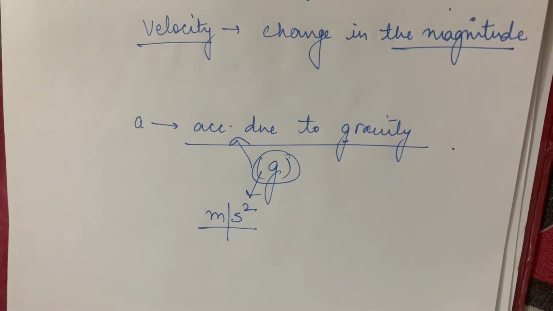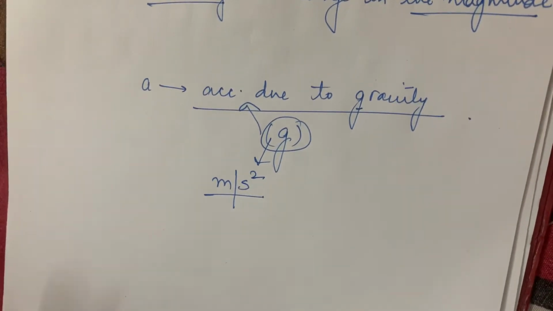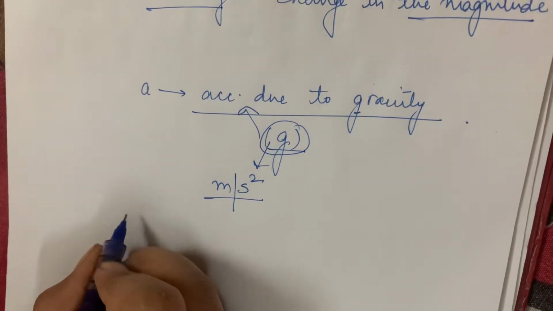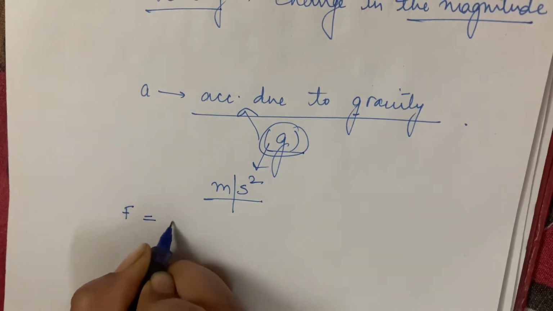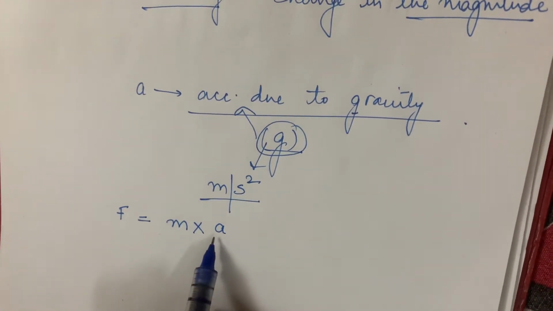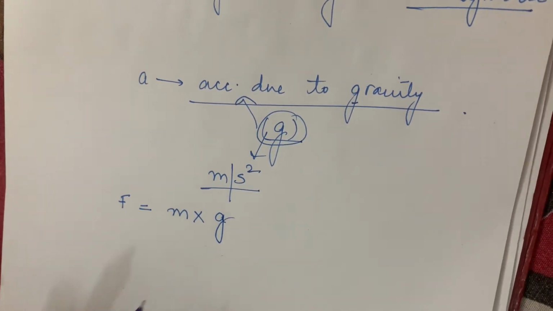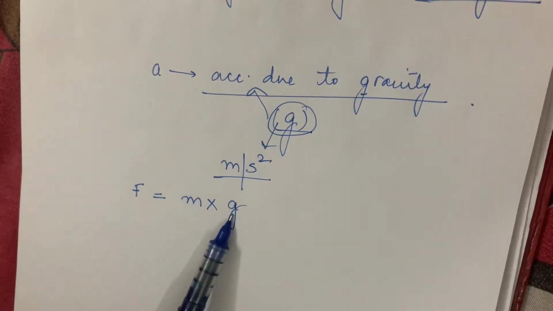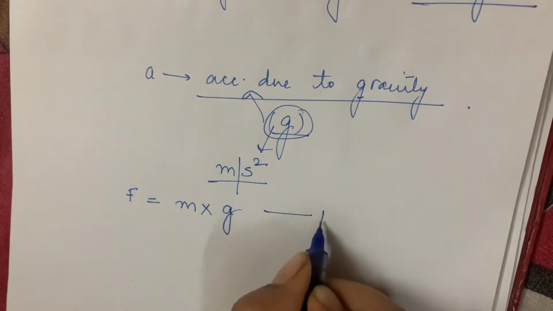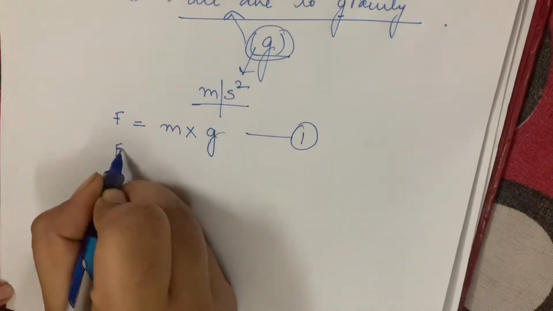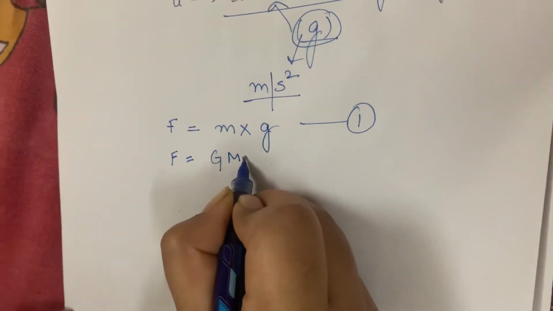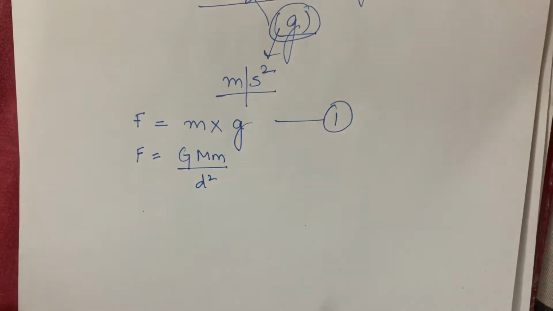Now let us evaluate the formula for this g. According to the second law of motion, force is the product of mass into acceleration, but here we are talking about acceleration due to gravity, so I will write g instead of a. And from the universal law of gravitation, which we studied in the first video, force is equal to G M m upon d square.